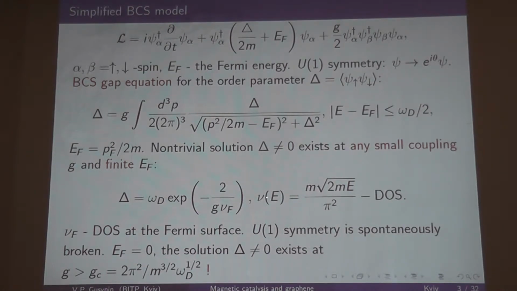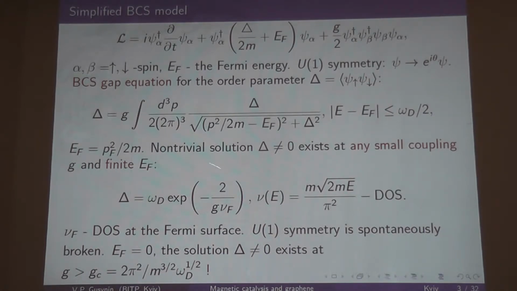Usually the density of states as a function of energy behaves like the square root of energy. So, for example, at zero energy it vanishes, but here we have the density of states at the Fermi surface. If delta is zero, so neglecting delta in the numerator, then we find this expression, and delta is needed to cancel this pole.